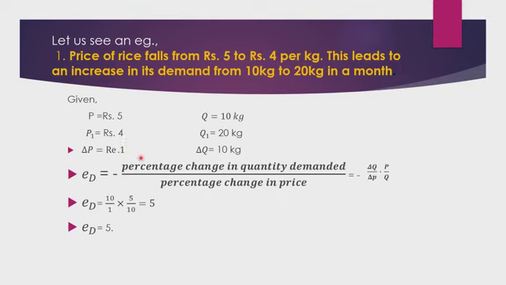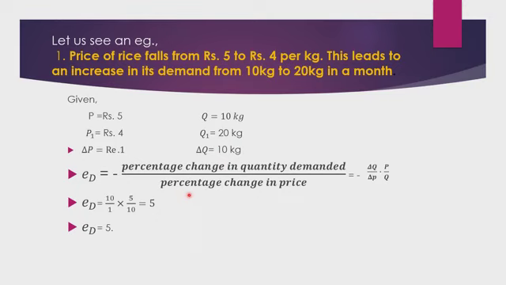Rupee 1. Now again, this leads to an increase in its demand from 10 kg to 20 kg. So there is a decrease in price and an increase in consumption. Your original consumption was 10 kg. Because of the fall in price, you have increased your consumption to 20 kg. So the change is 10 kg.